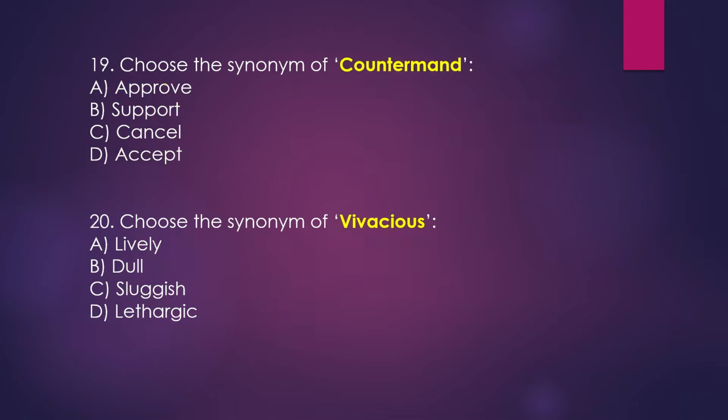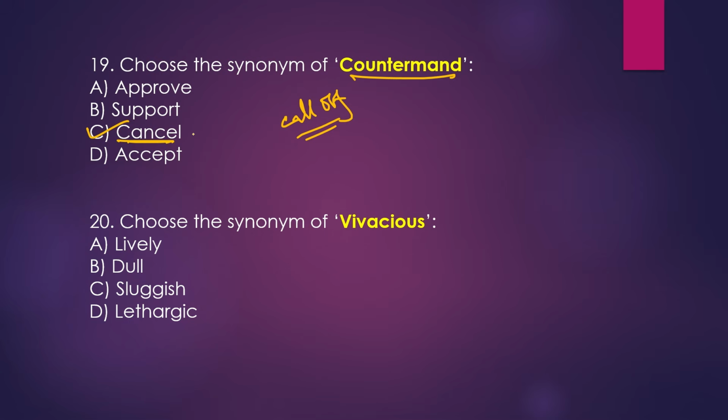Okay, next, choose the synonym of the word countermand. Here countermand means to revoke or cancel an order or command. Okay, so you can say call off or nullify something or cancel something, that is called countermand. So here option C, cancel, is the correct answer.